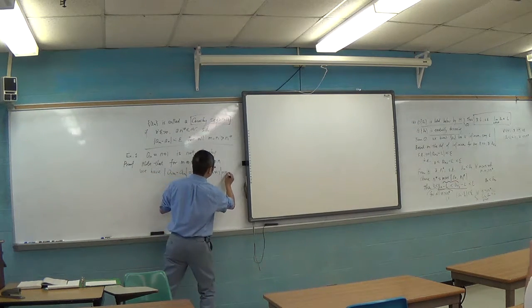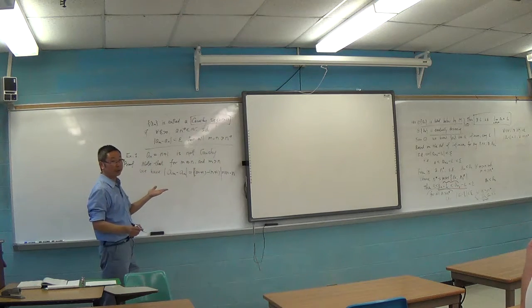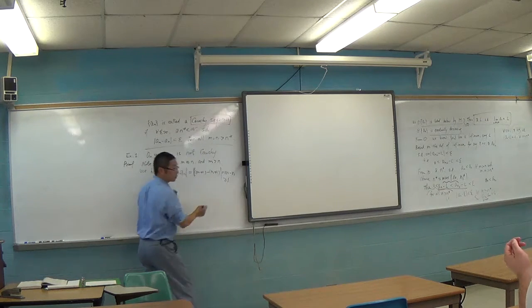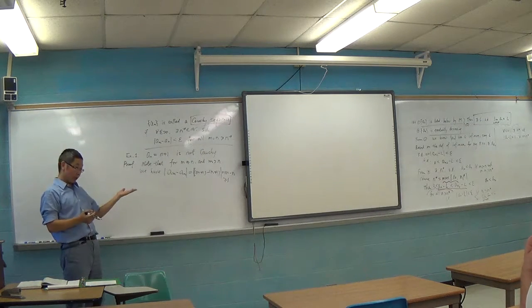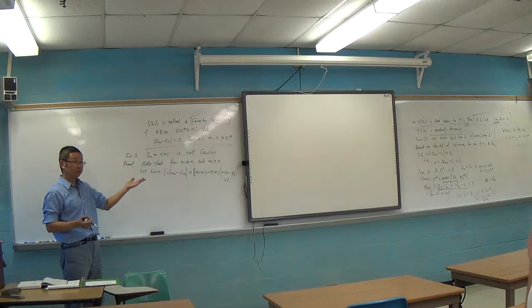This is just equal to m minus n. When m is greater than n, this is greater than or equal to 1. As long as m is not equal to n, the difference is greater than or equal to 1.